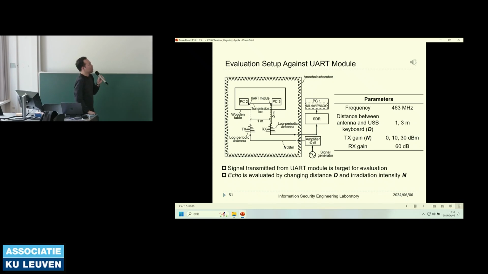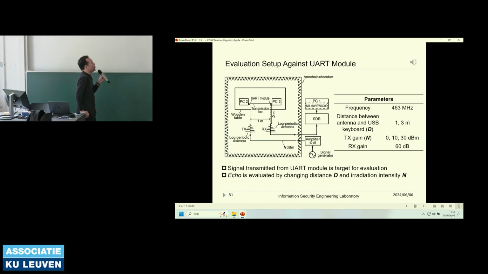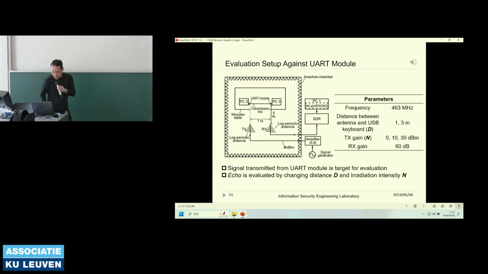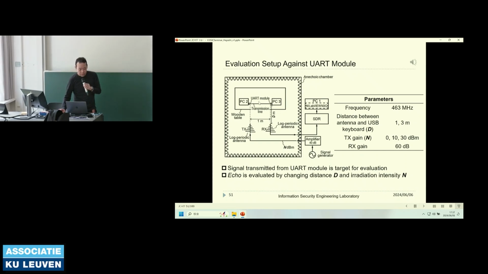Okay, I will show you a concrete example of active EM attacks. In this experiment, our target is the UART transmission signal that we connected to the device. We prepared two devices and connected a transmission line between them. We set the TX and RX antennas.